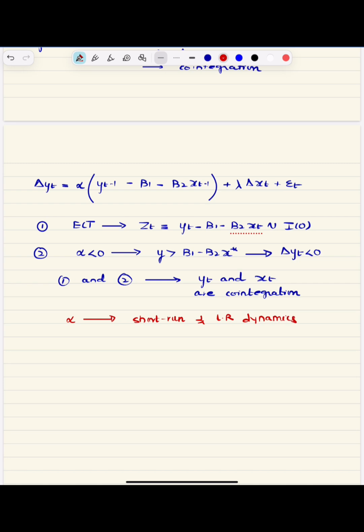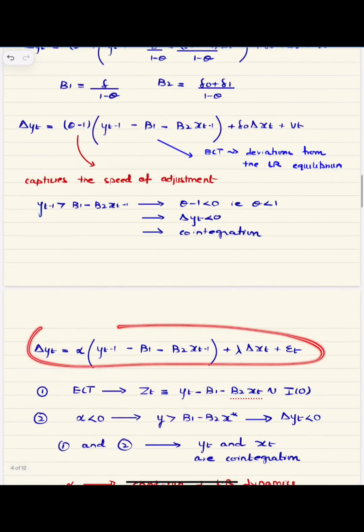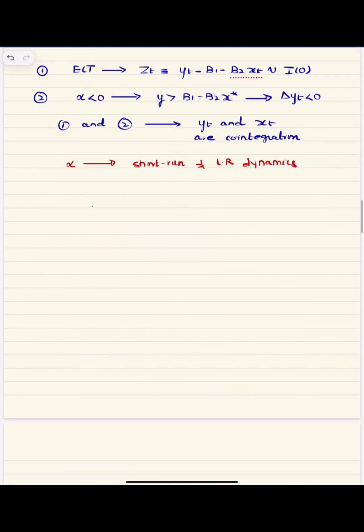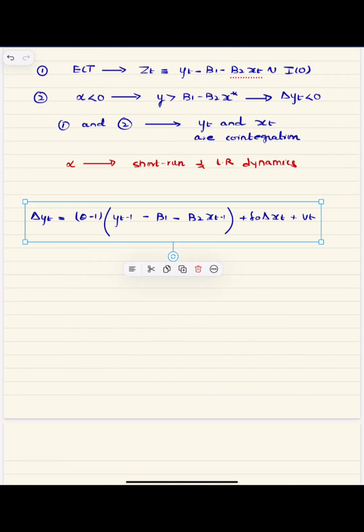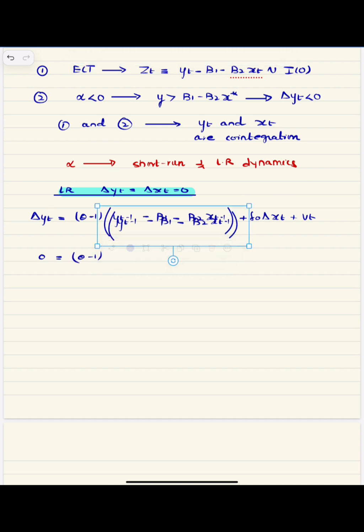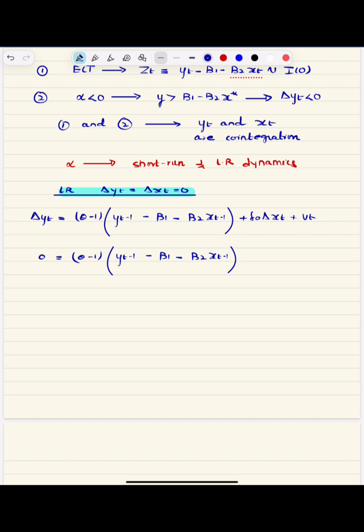For instance, if you only get this equation, and they're asking you for the long run dynamics, you know that in the long run change in yt and change in xt is equal to 0, right? So from this expression, when you substitute 0 here and you substitute 0 there, over here you get 0 plus 0 because the error is also 0 in the long run.